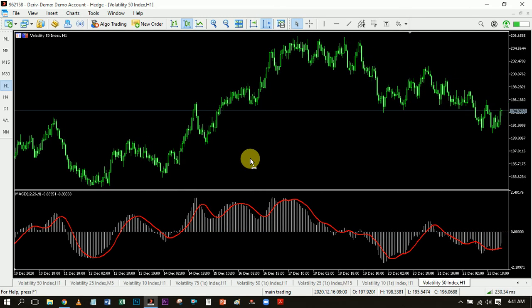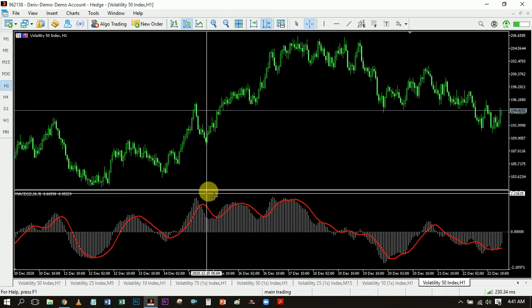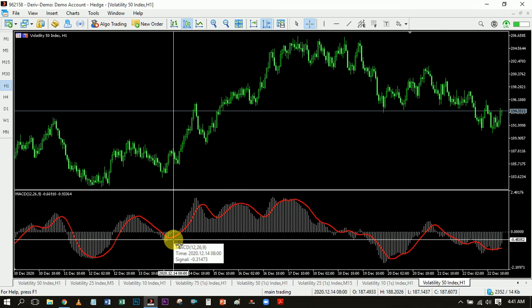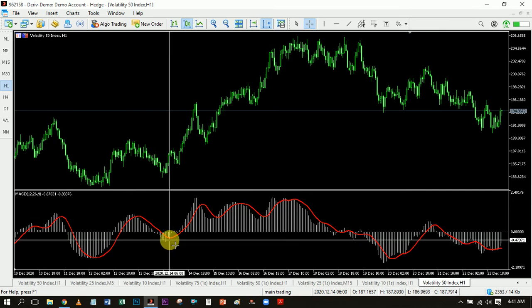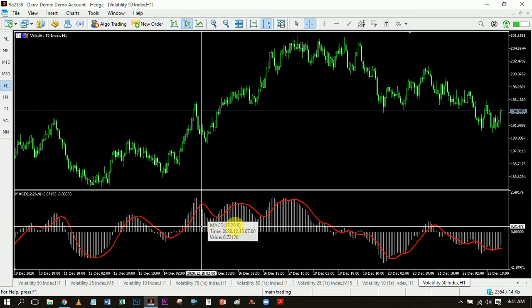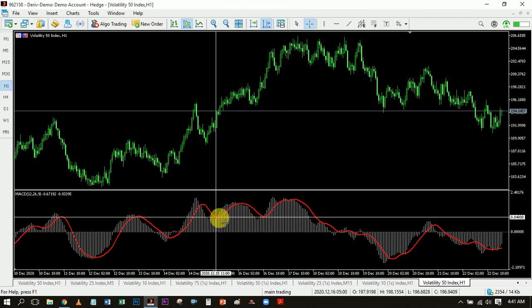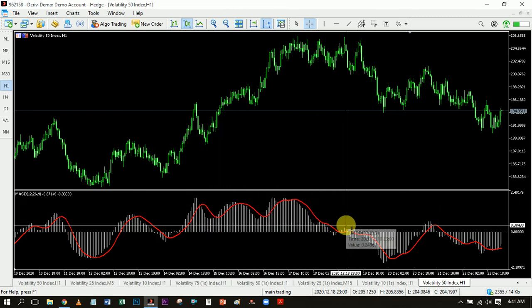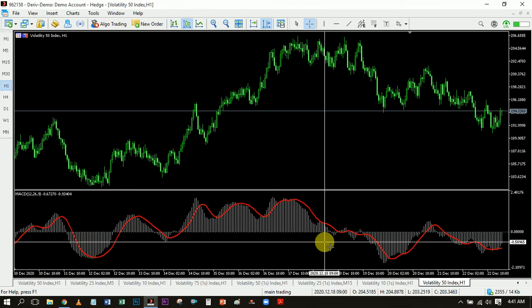Now the next thing you want to see is something like this. Another thing you want to look out for is when the MACD is in a very, very strong trend move. Now what do I mean? Look at this scenario.